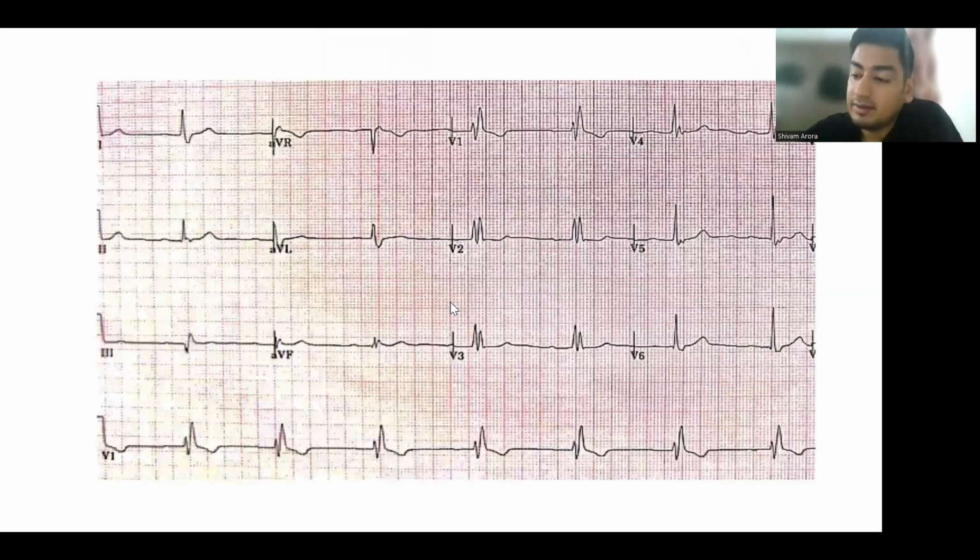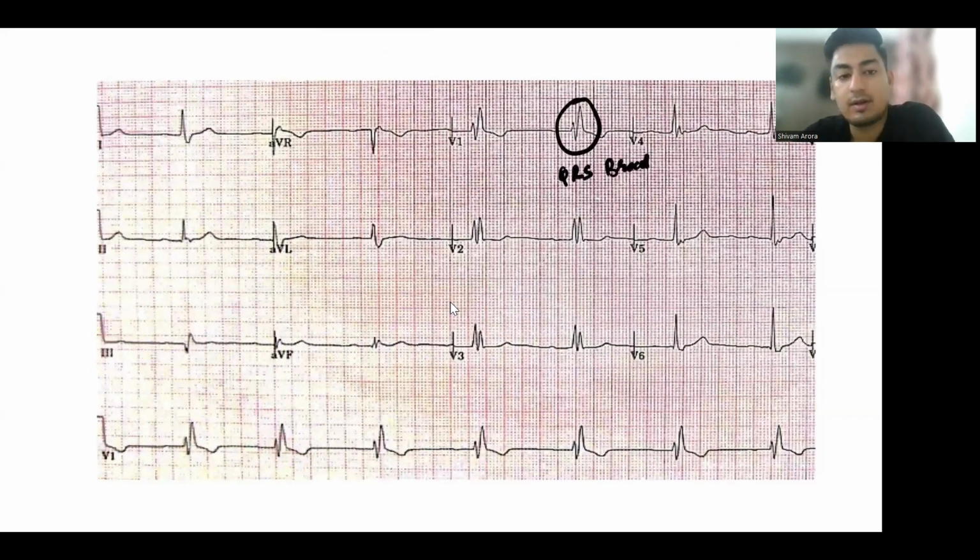Now let us look at this ECG. In this ECG, you can see that in lead V1, the QRS is broad. Clear? Also, we have this RSR dash pattern, while in lead V6, we have this QRS pattern. So this is an ECG of right bundle branch block.